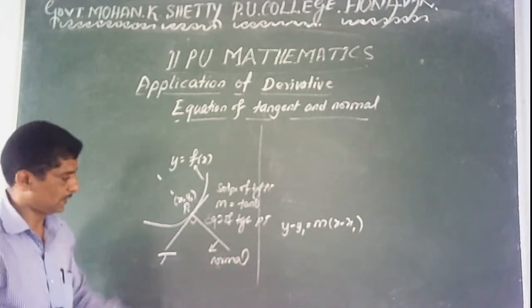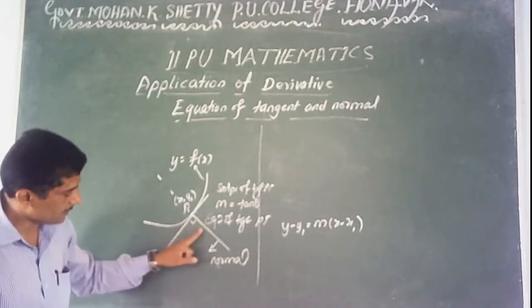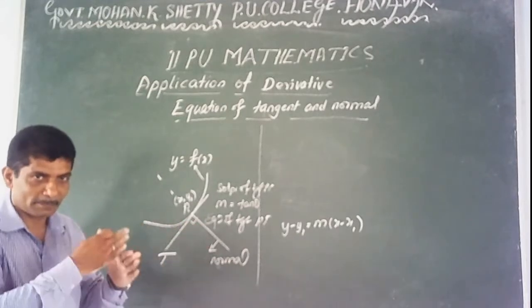It's clear? Normal and tangent are both straight lines, perpendicular to each other.